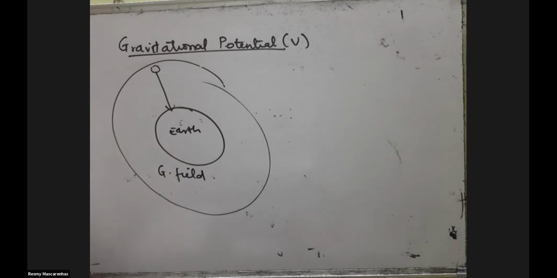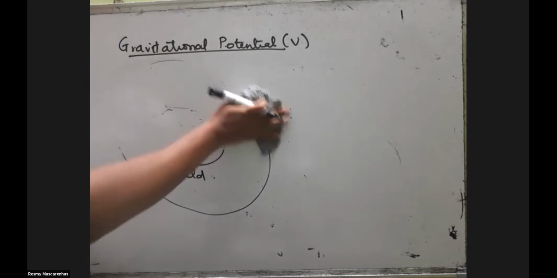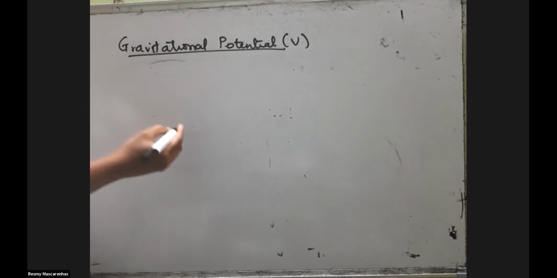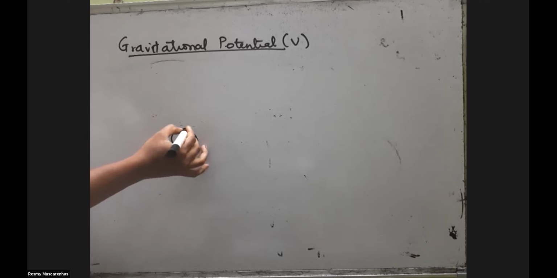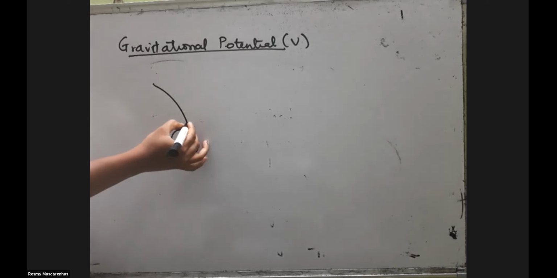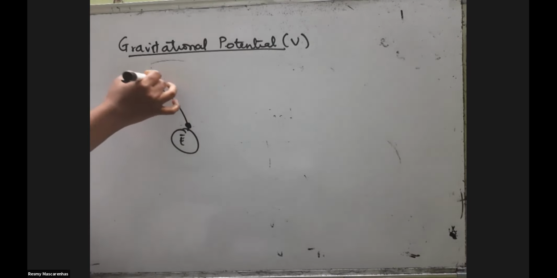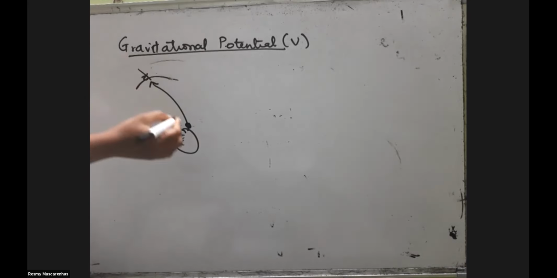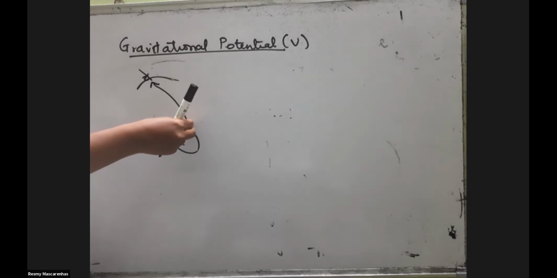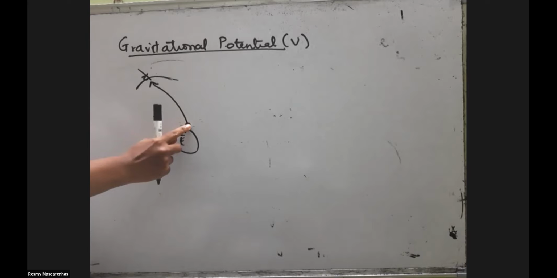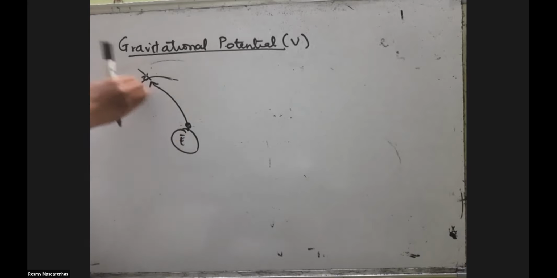So what is gravitational potential? I'll give the definition first. If I want to take an object, suppose over here, from the Earth somewhere far away till infinity, how much work, how much energy will I have to do to take this body from here till infinity against the gravity, because gravity is trying to pull it down.